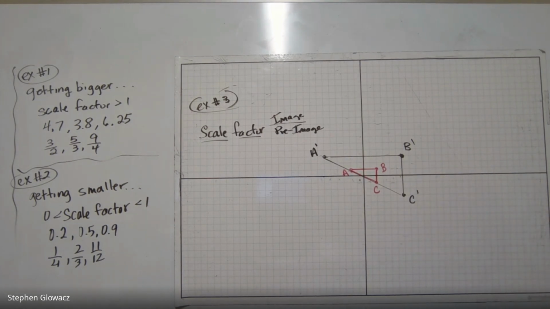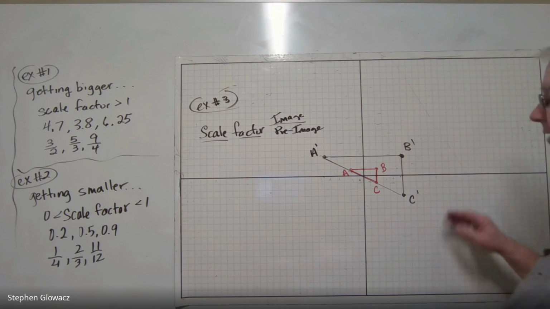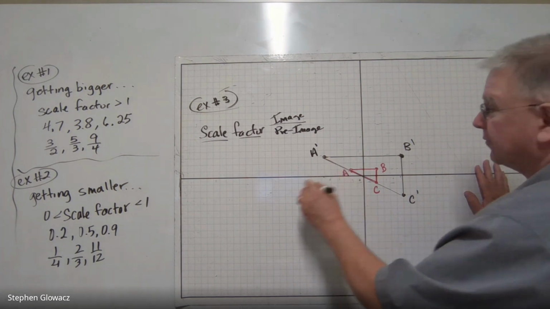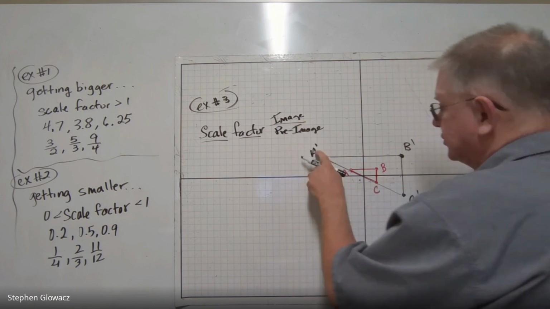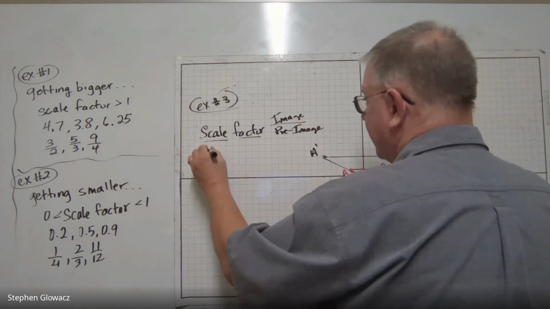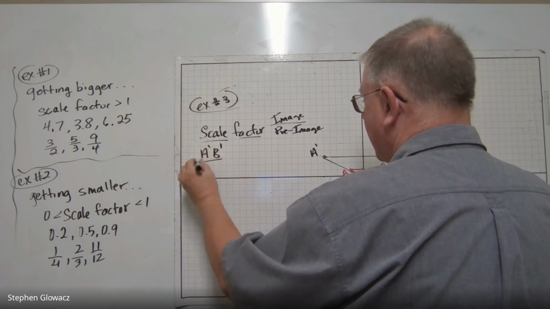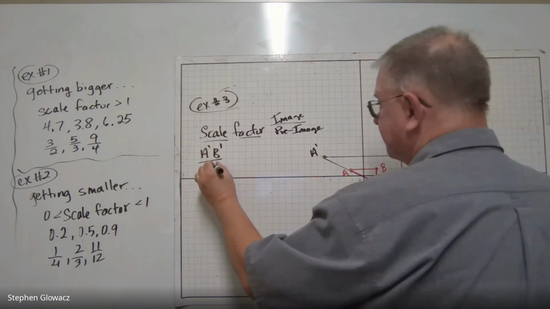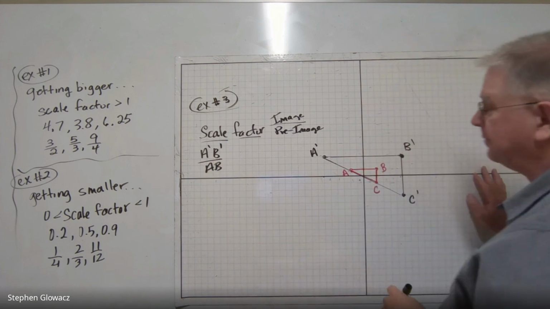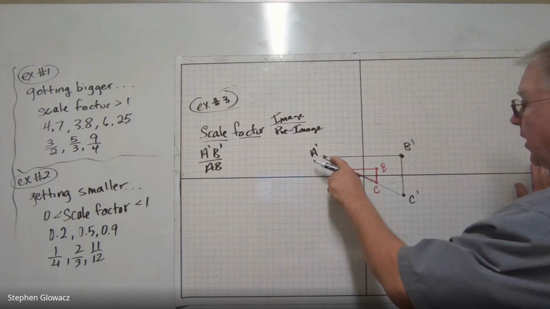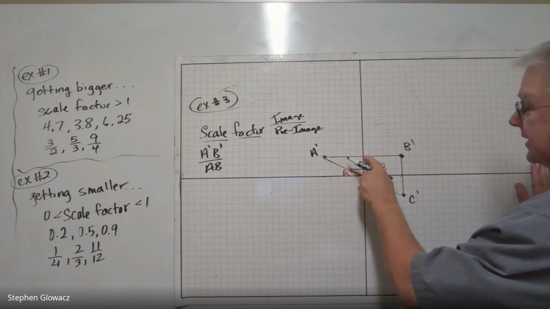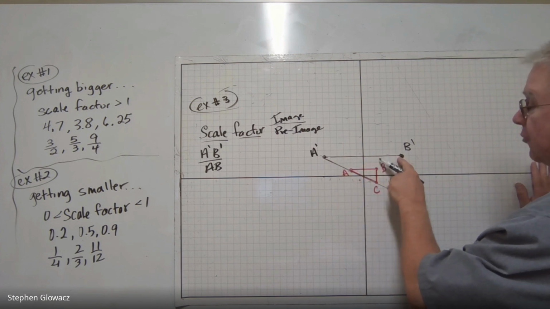So we'll do A and B. We're going to divide the length of A prime, B prime by the length of AB. A prime, B prime, we count the spaces: 1, 2, 3, 4, 5, 6, 7, 8, 9, 10, 11, 12.